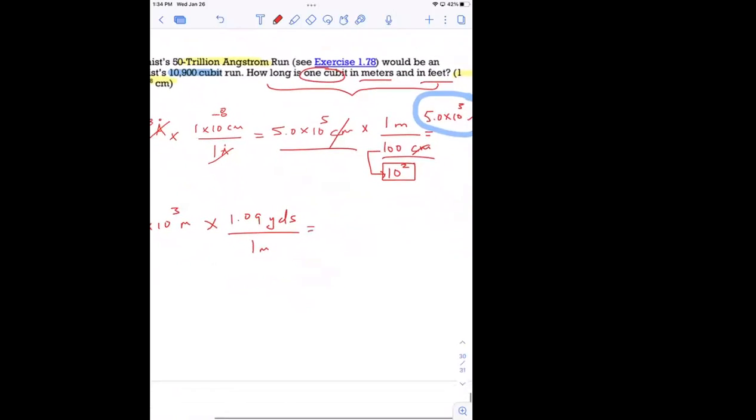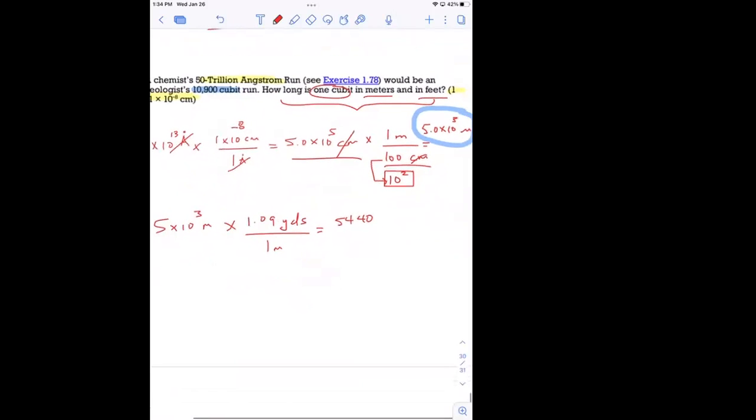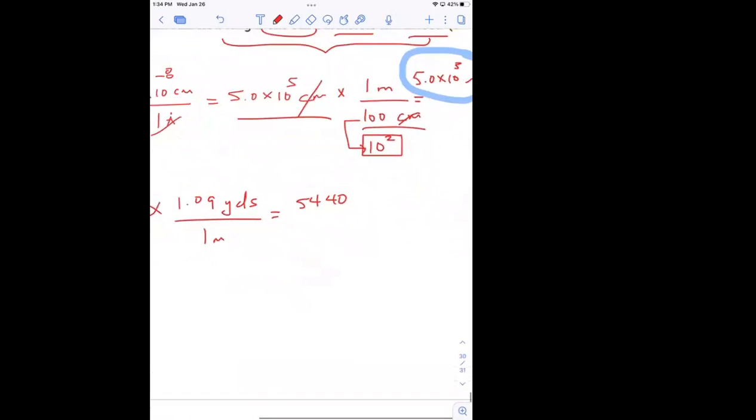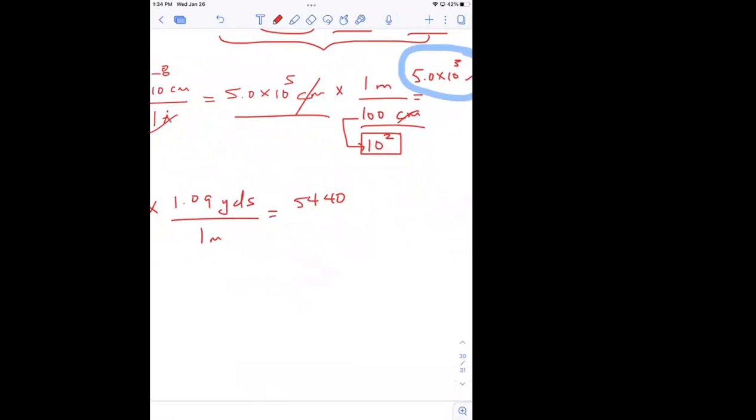What do we get from that? $5,440 or 5.4 times 10 to the third yards. Yeah, yards.